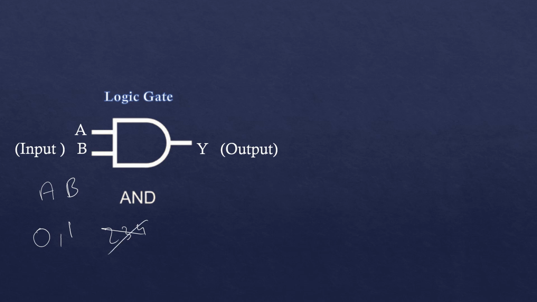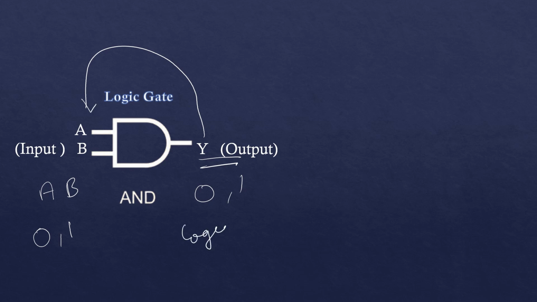The output is also zero or one. And how does the output depend? You may be wondering: the output depends on logical combinations of the inputs.